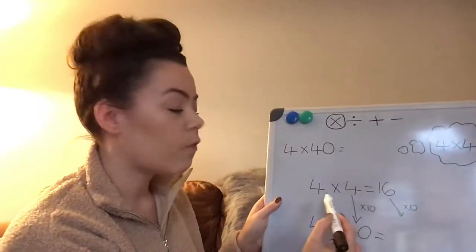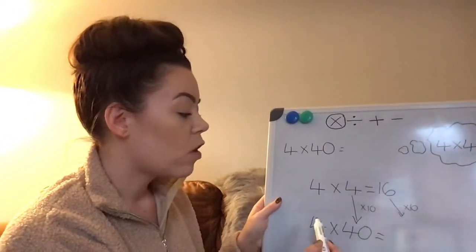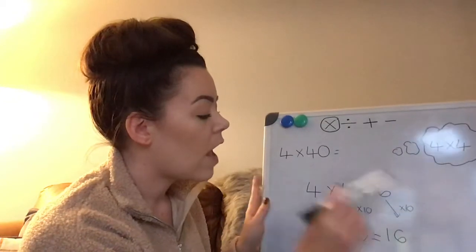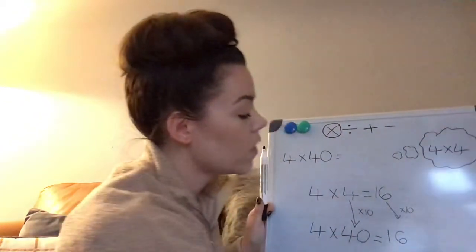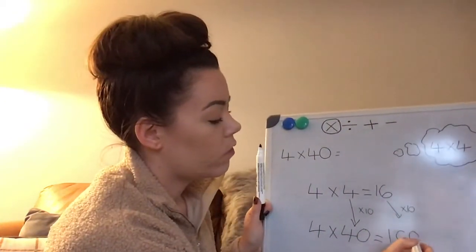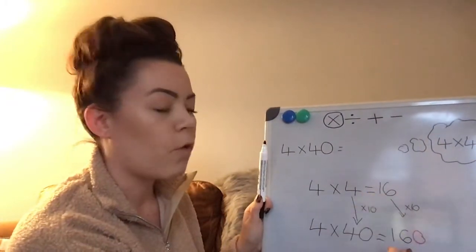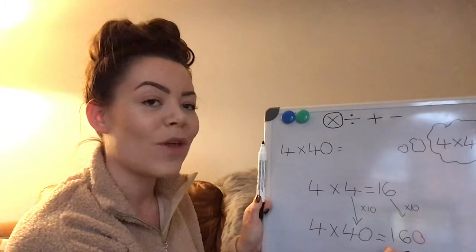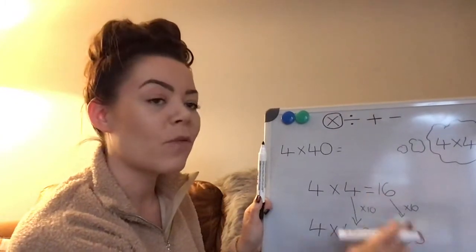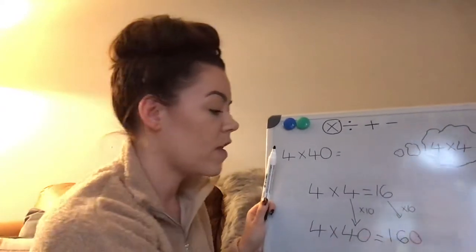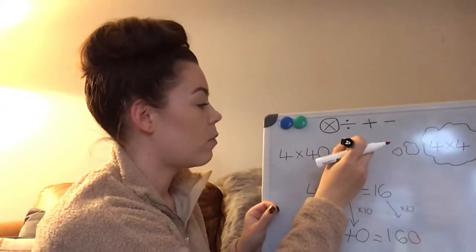So I know that 4 lots of 4 is 16, so I know 4 lots of 40 is going to be 160. Now you might notice that the answer to 4 lots of 4 is hidden in the answer there too. It's 10 times bigger, so I've just multiplied it by 10 and I get the answer 160. So I'm going to write that up here.